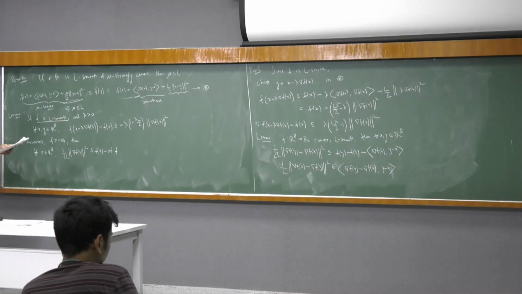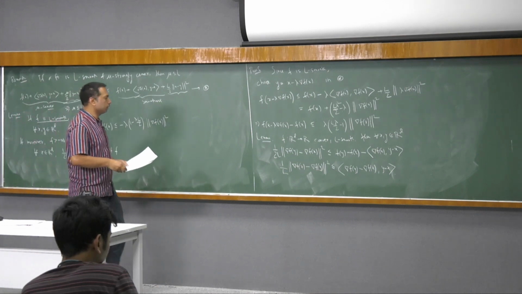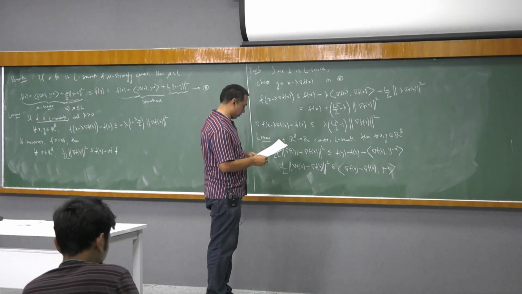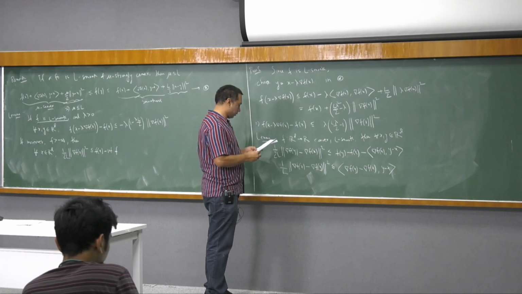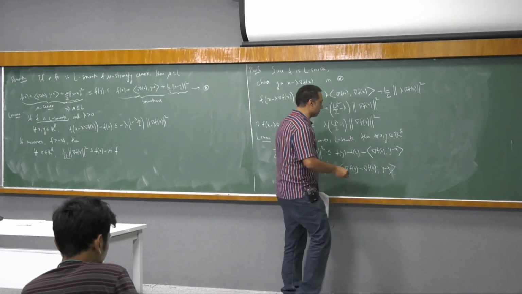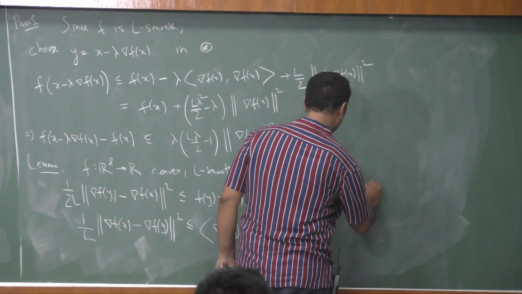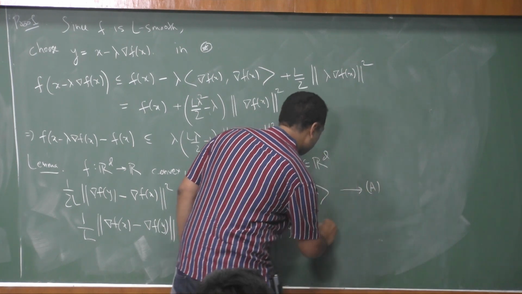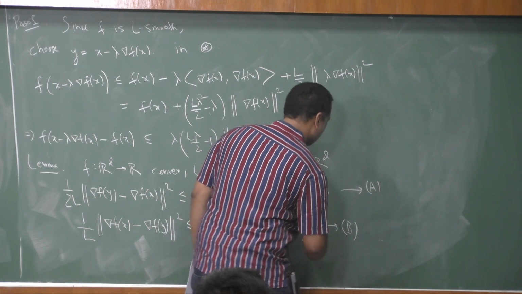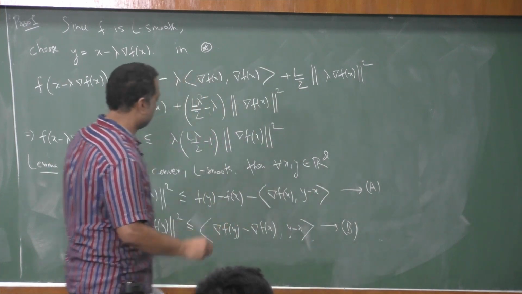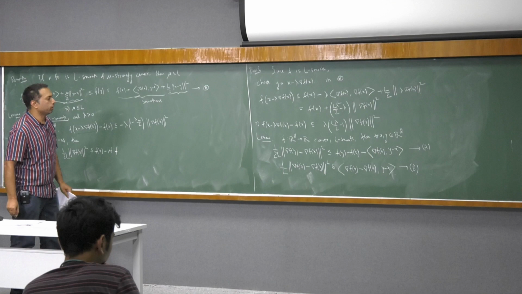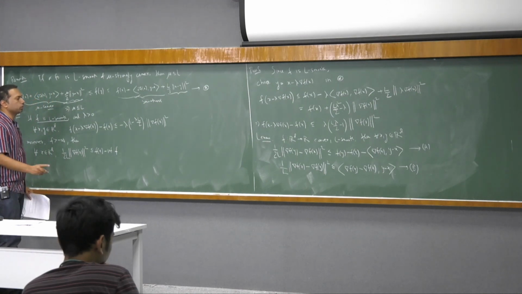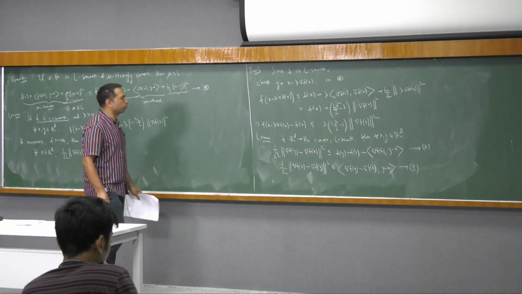So the second part is obtained by applying the first part twice. Let us say this is A and this is B. This is an exercise for you to show that B is obtained from A by applying A twice, by interchanging x and y.